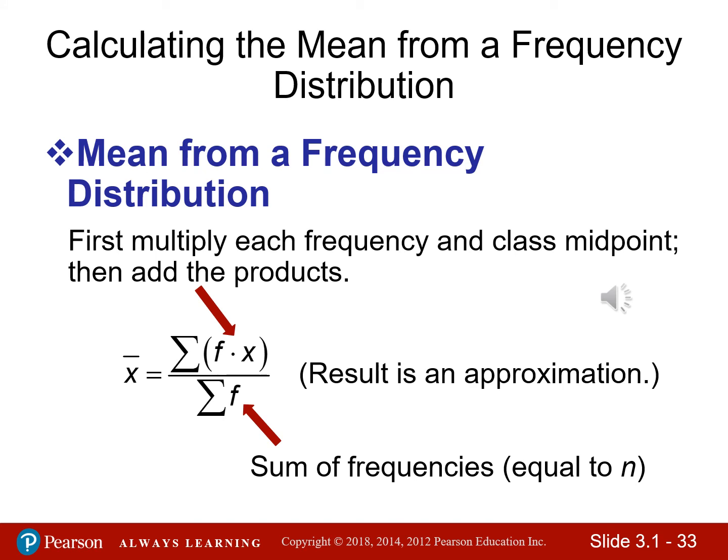In this formula, f is the frequency of the class, and x is the midpoint of the class. We will calculate our numerator first by multiplying each frequency with the class midpoint, and then summing those products. For the denominator, we just get the sum of all of the frequencies.